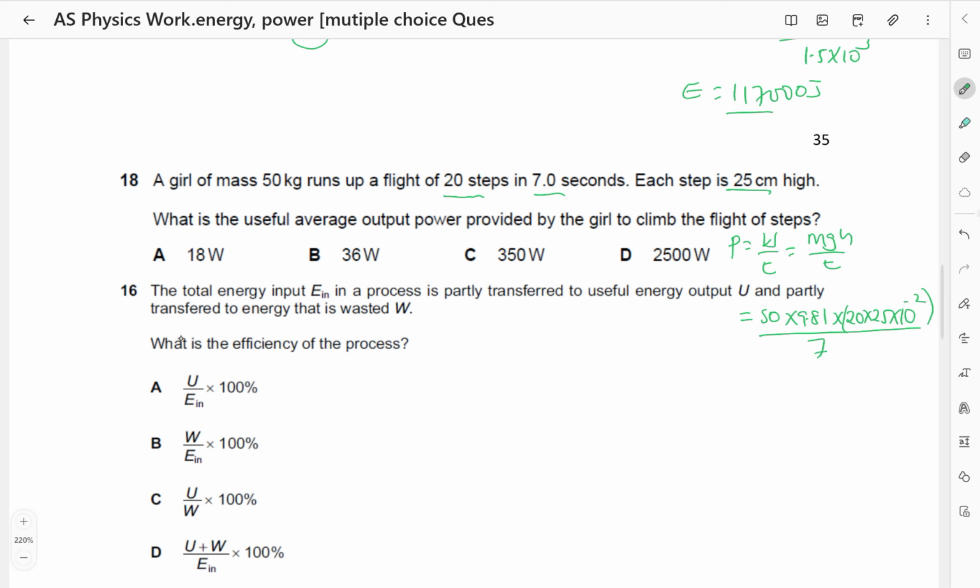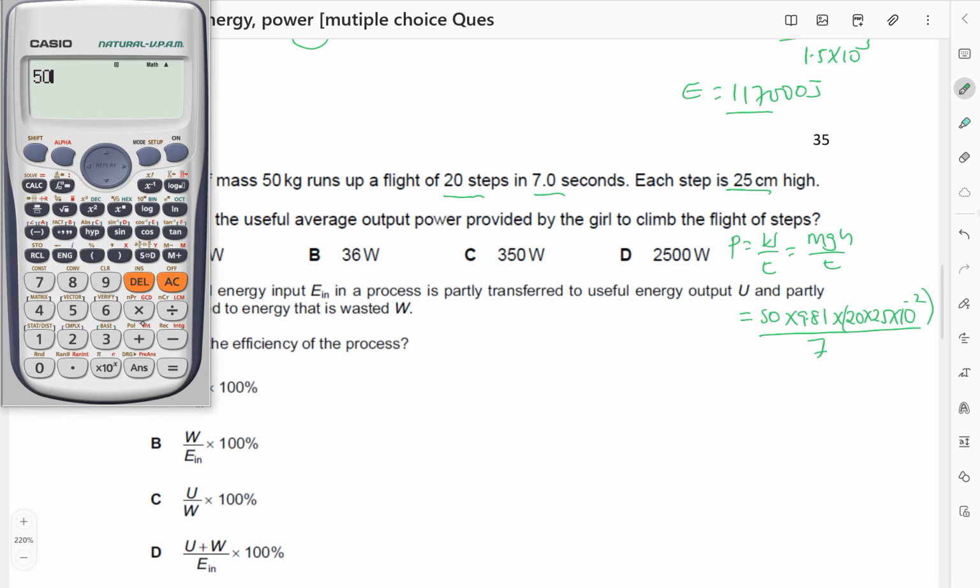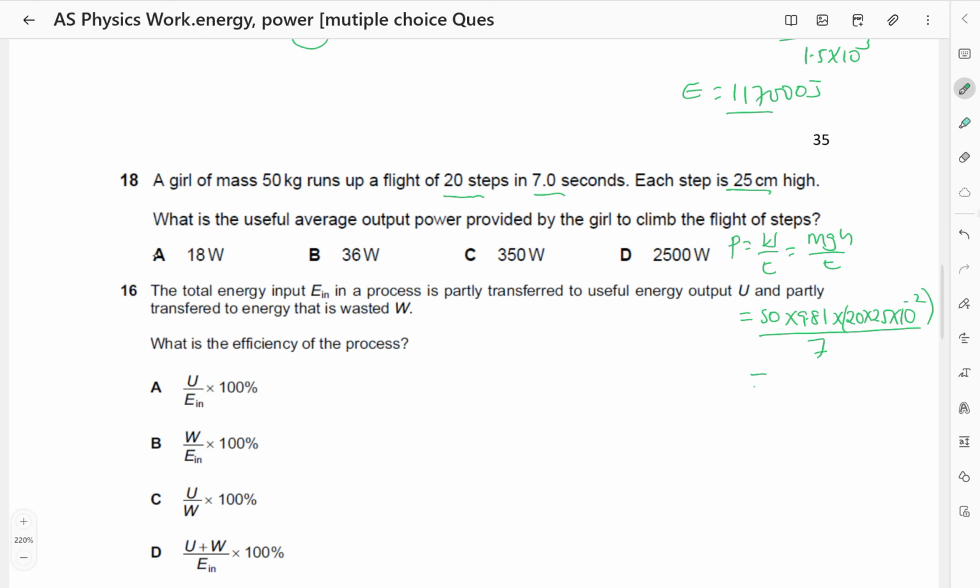So 50 times 9.81 times 20 times 25 exponent negative 2, divided by 7. And I am getting 350. So this is 350 watts, which makes our answer to be precisely C.